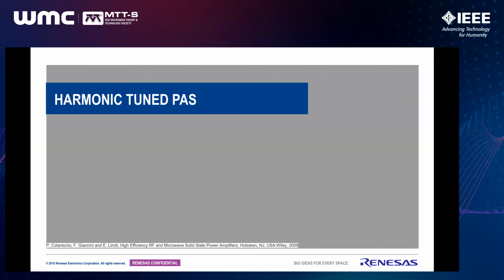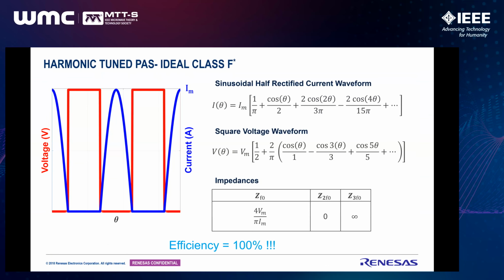They use the harmonic terminations to shape the voltage. Ideally, no power dissipation and no overlapping, or as minimum overlapping as possible, between the voltage and current waveforms. So here is one very simple example for ideal class F power amplifiers.